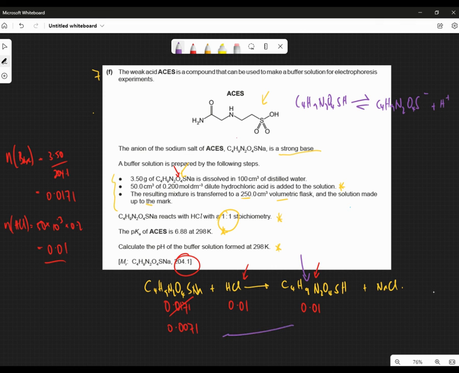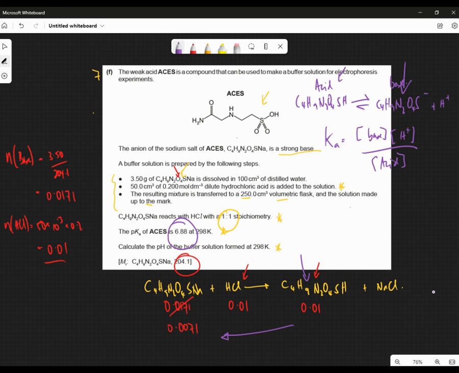If you look at it like that, it's going that way, isn't it? This is how we normally write it. This is the acid dissociating to the base form, and there's hydrogen ions. So if we fiddle around with this one, we get Ka. It's going to be the base form, this stuff, times the H plus, divided by the acid form, which is this stuff. Fiddling around with it and using the pKa of 6.88, we get this.